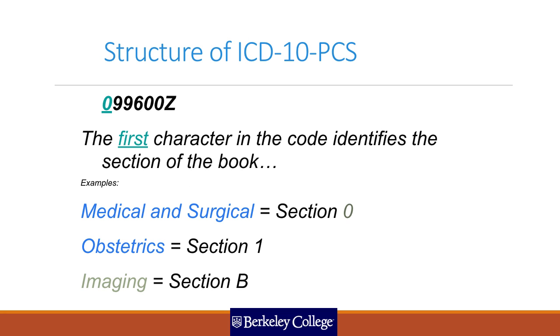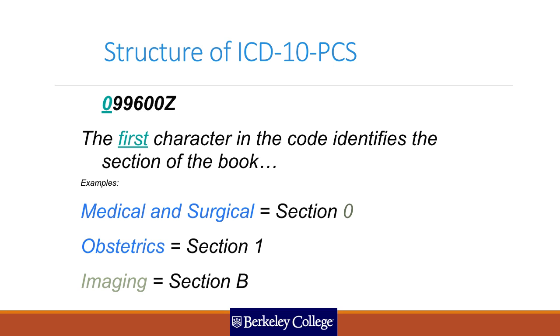And the placement of each character in each of the 7 positions explains something specific and very different. So the first character of the code is always going to identify the section of the ICD-10-PCS book from where this code will be built. So it might be medical and surgical, which is section 0.